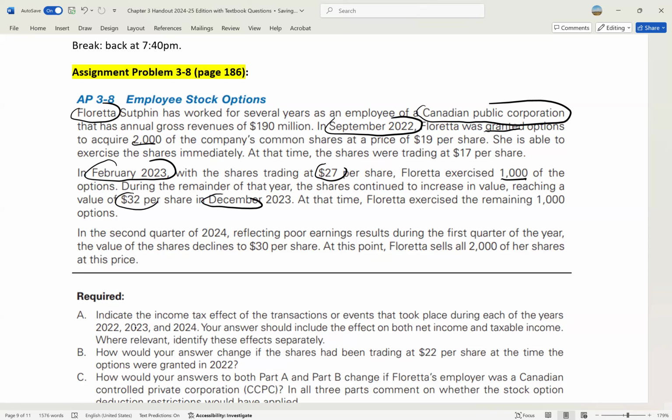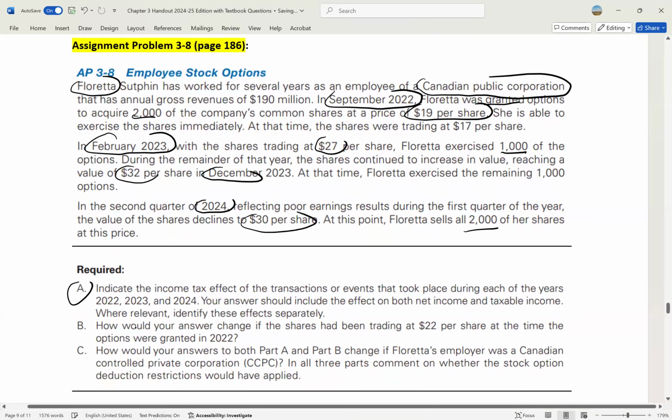And once again, her price was $19. In the following year, in 2024, the value of the shares had declined to $30, and she sold all 2,000 at the time. So for part A, we want to figure out what happens in 2022, 2023, 2024.